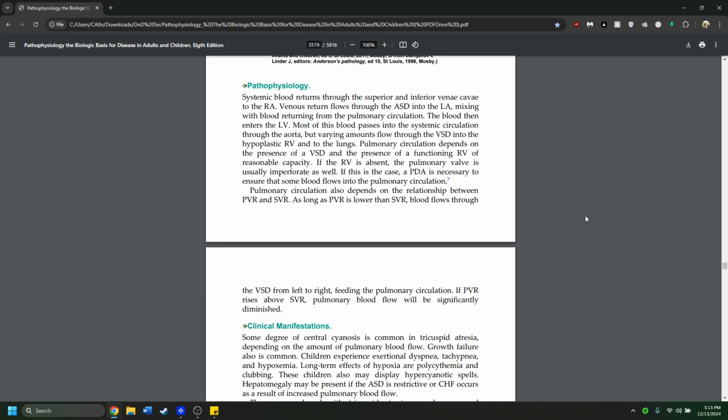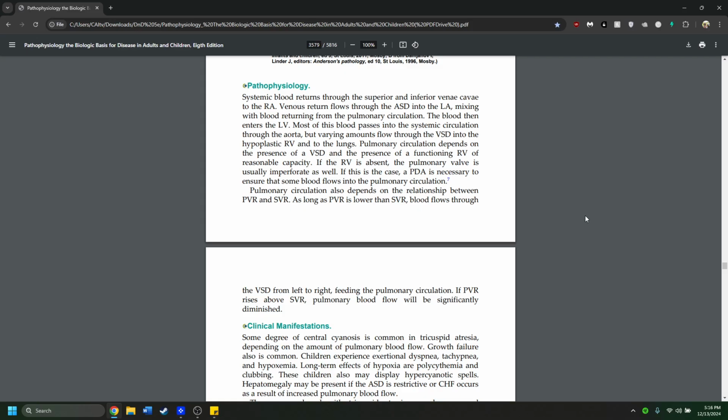Venous return flows through the ASD into the left atrium, mixing with blood returning from the pulmonary circulation. The blood then enters the left ventricle. Most of this blood passes into the systemic circulation through the aorta, but varying amounts flow through the VSD into the hypoplastic right ventricle and to the lungs.